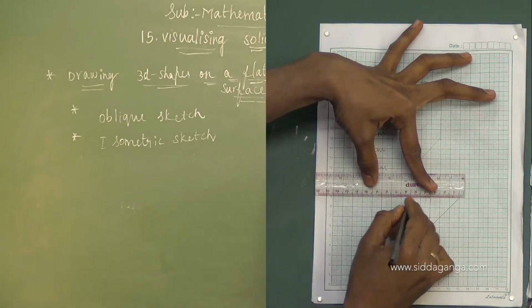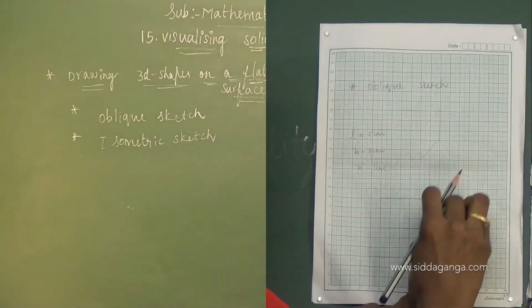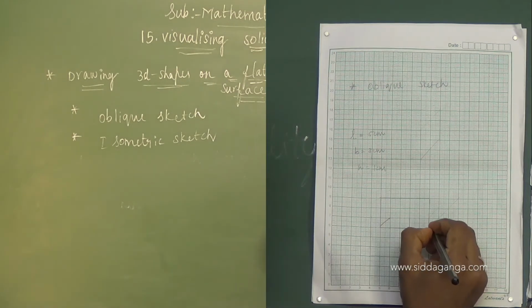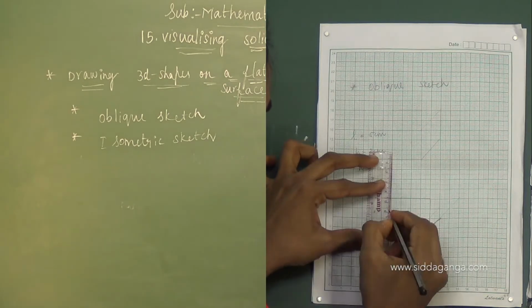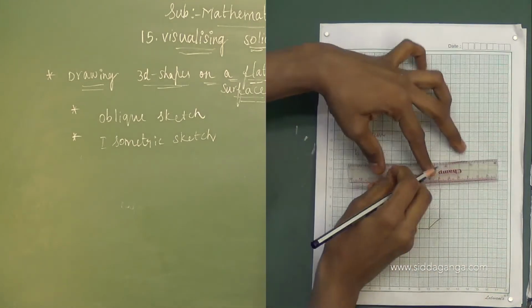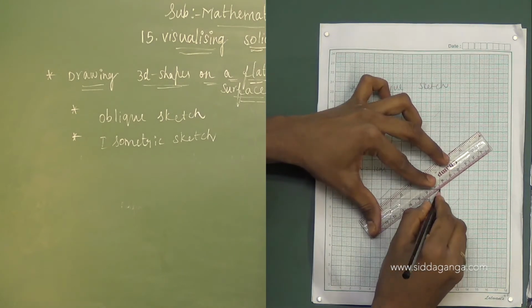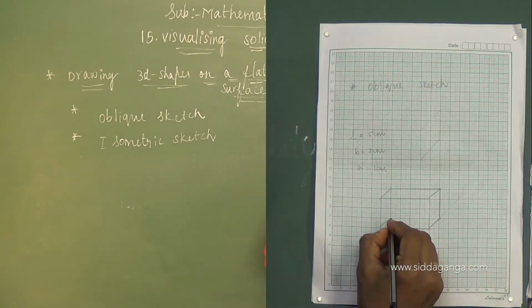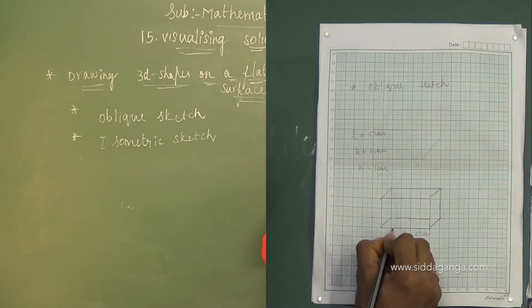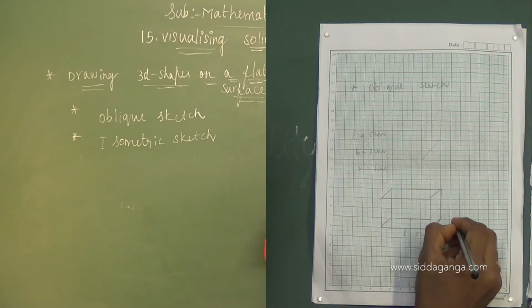First I am taking one rectangle here. And then the height of the cuboid is 1. We have to take it like this, and then see here, this is a cuboid of length 5 centimeters, breadth 3 centimeters and height 1 centimeter.